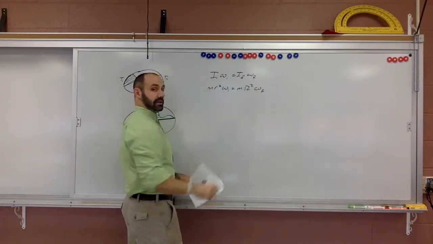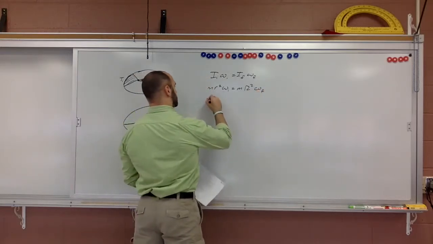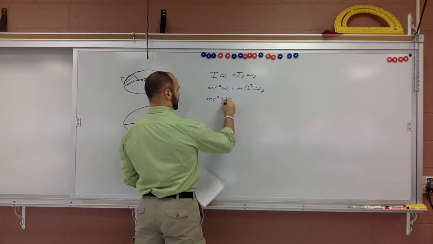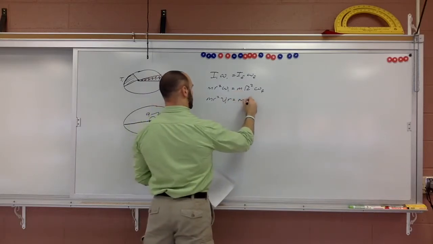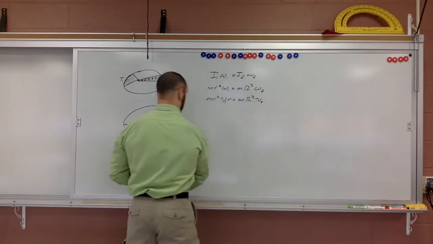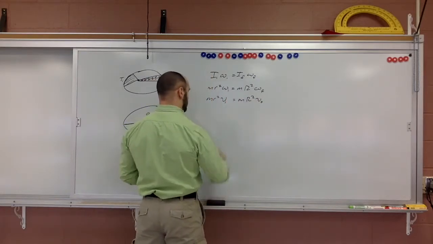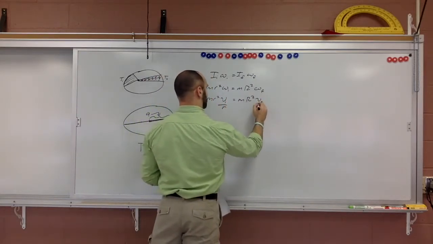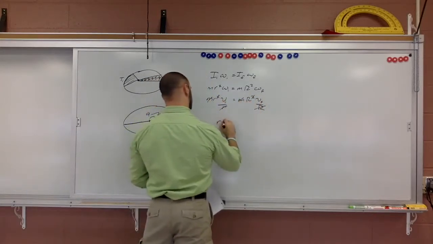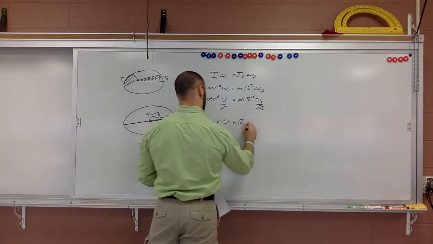But omega is v over r. So this is m r squared Vi over r equals m r squared V final over r. So that cancels out, the m's cancel out, and I'm left with this: R Vi equals R Vf.